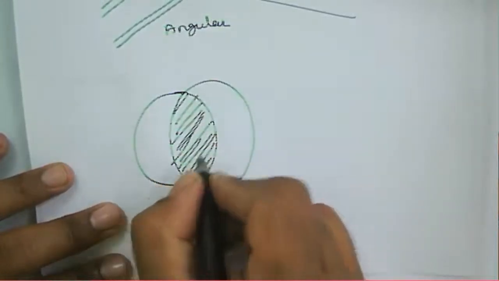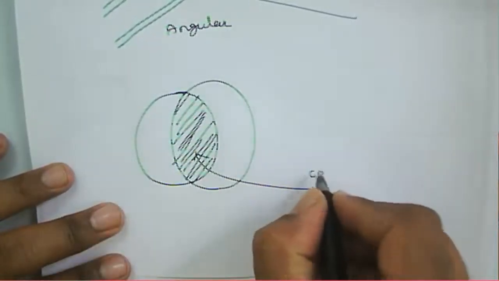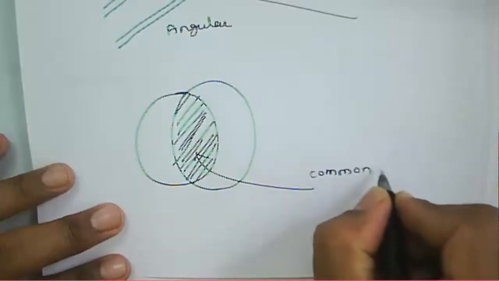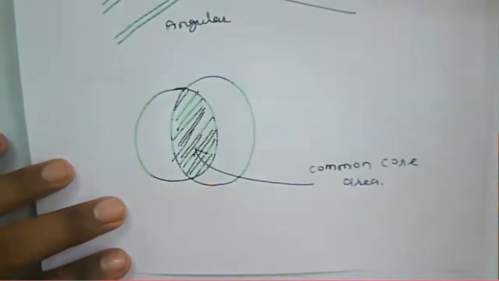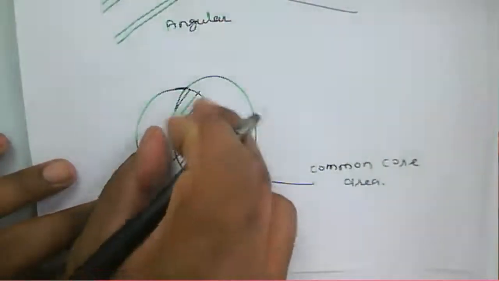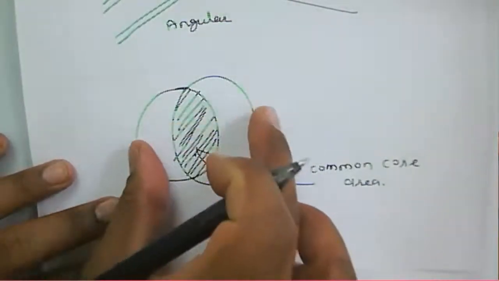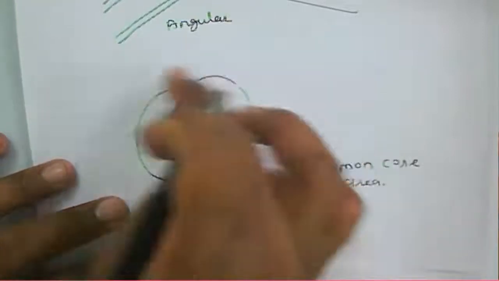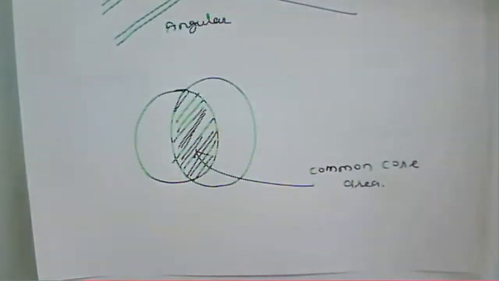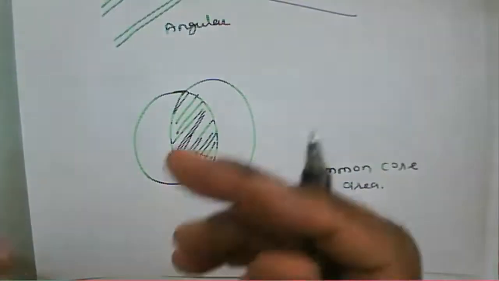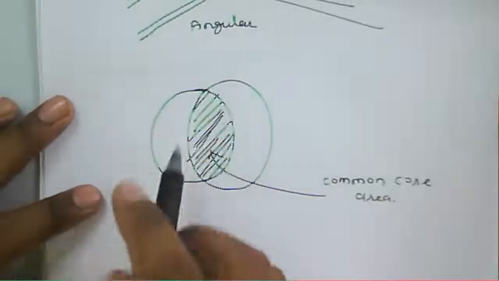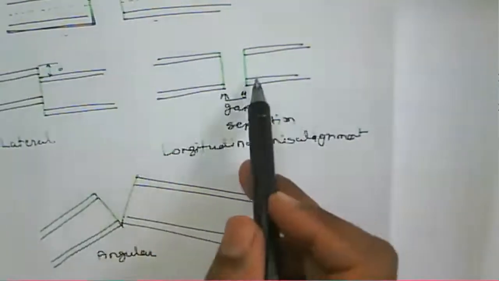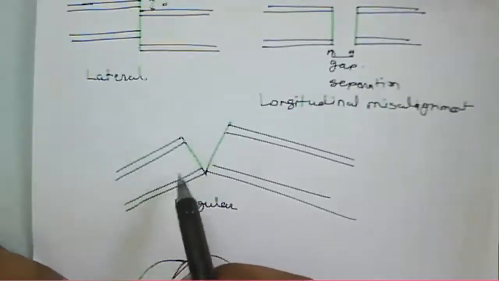Now this one is a common area, a common core area of these two fibers. If these two fibers are matched, then the common area will be the same. To calculate how much the misalignment is, we should know the common area between these two fibers, the separation between them, and the angular separation between them.